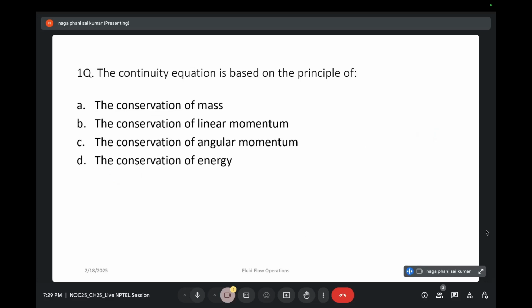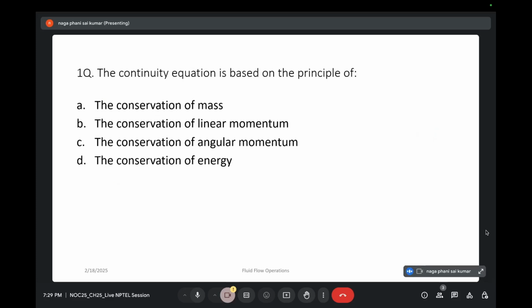Be it from the professor's recorded lectures, you can ask me, or in this current session, if you have any doubts, you can ask me. I'll try to answer them. If you don't have any doubts, then we can move on to the problem session.